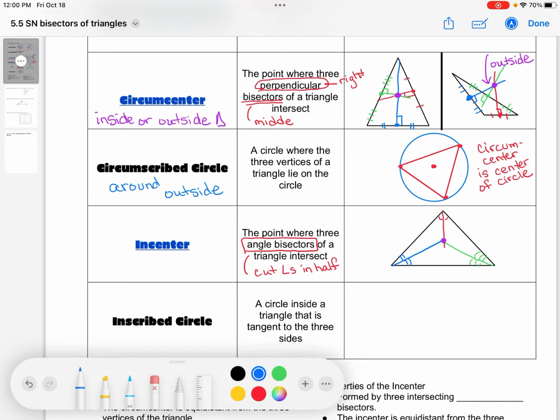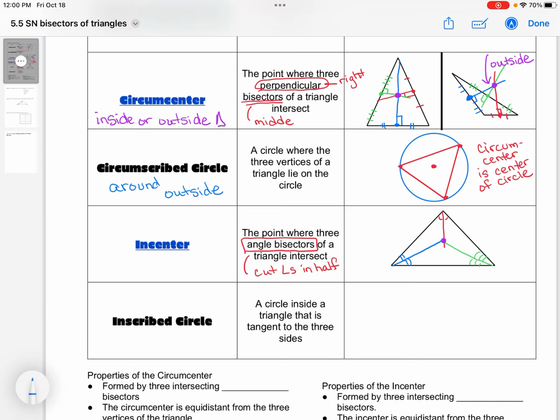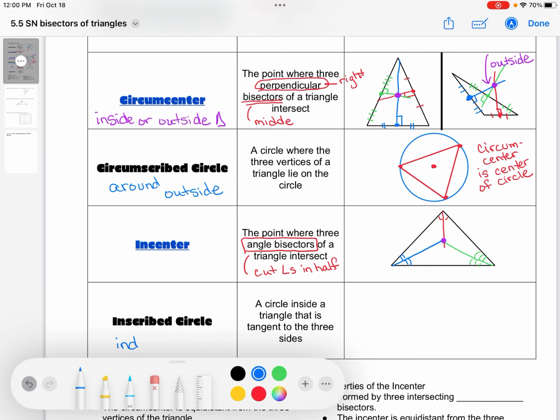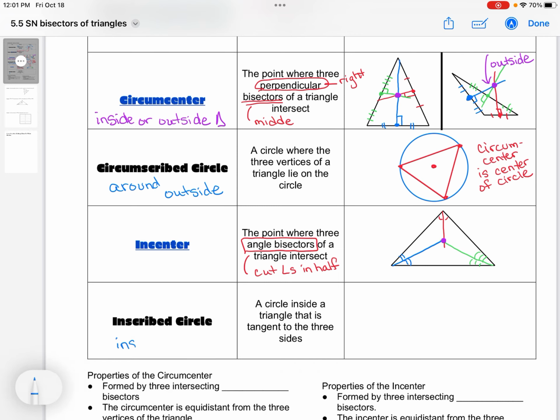Okay, and then an inscribed circle is a circle inside the triangle. Inside, let's spell that right. Inside the triangle. So this one is when I have a triangle.